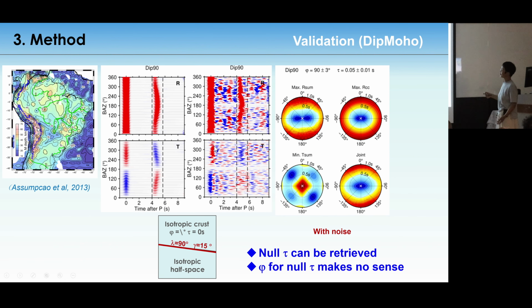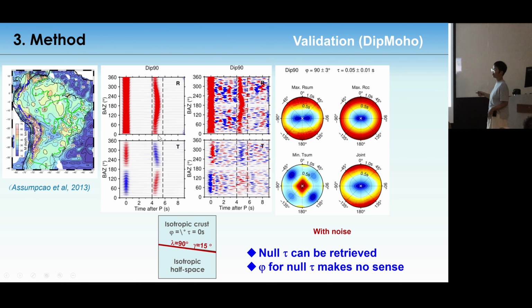Except for the simple anisotropic crust case, we do other tests, because based on the previous Moho map of South America, we see some variations of Moho depths. So it's possible that beneath some stations there may be a dipping Moho.